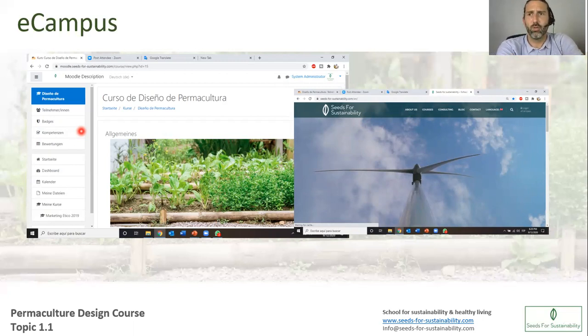So you have two possibilities to access your course. Basically, you can either go directly to the moodle.seedsforsustainability.com link, or you go to the website and go to the login eCampus, and this should lead you, since you're only enrolled in permaculture course, to the permaculture design course directly. If you enroll in more than one course, you will be able to go into different courses, of course.